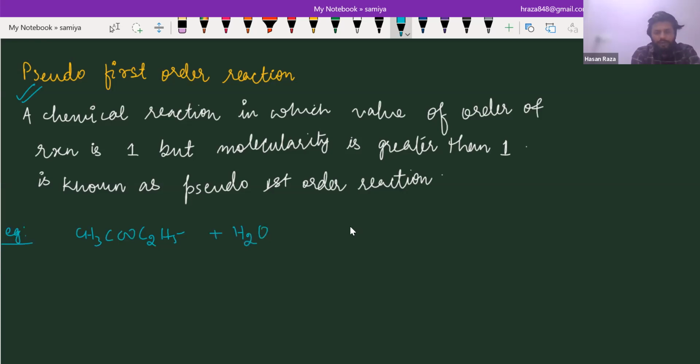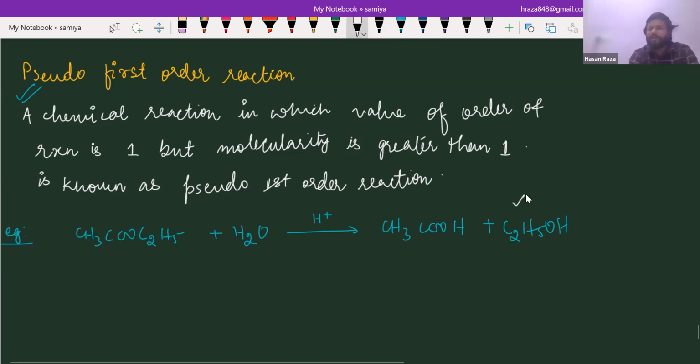Hydrolysis of ester in the presence of acid will give you CH3COOH plus C2H5OH. You have seen this reaction in class 10; in carbon and its compounds there was a term, esterification.